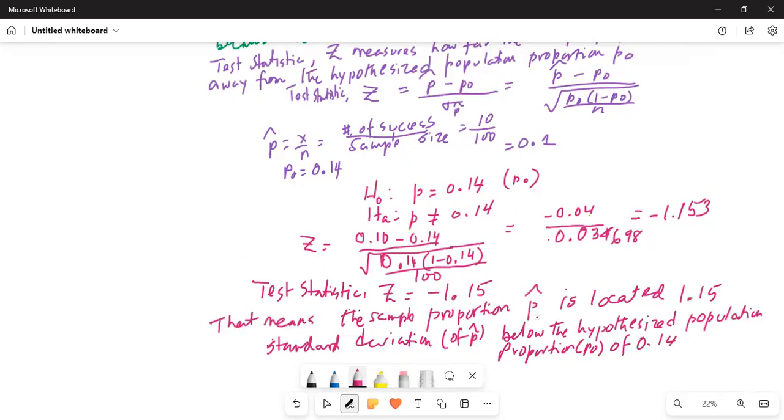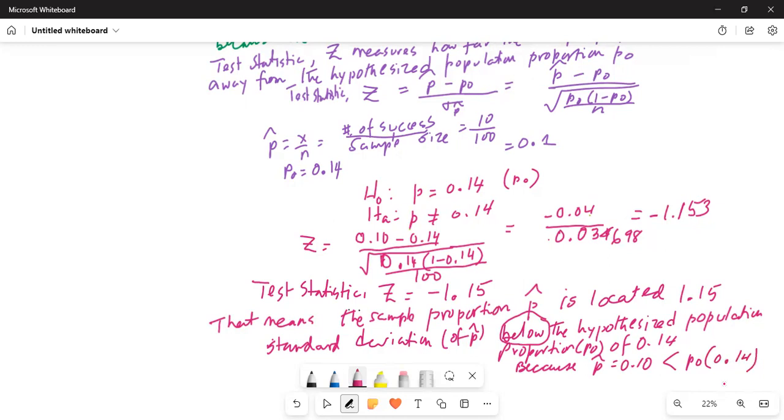Why is it below? The important thing, it is below because P hat equal to 0.10 is less than P0, which is 0.14.